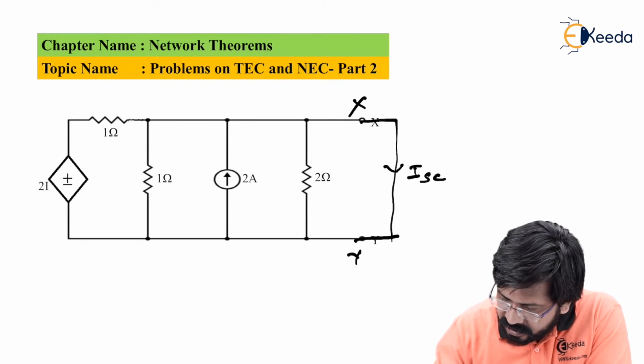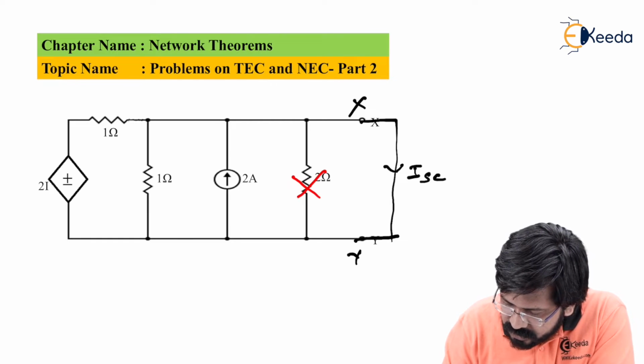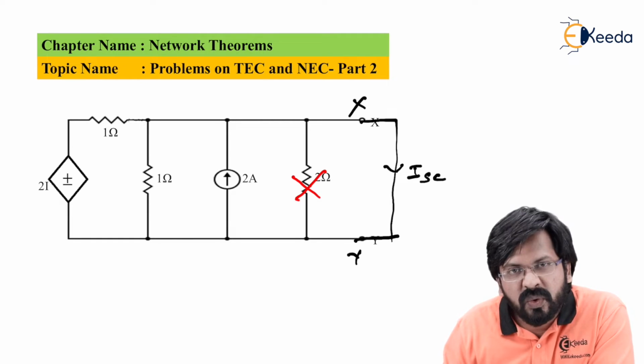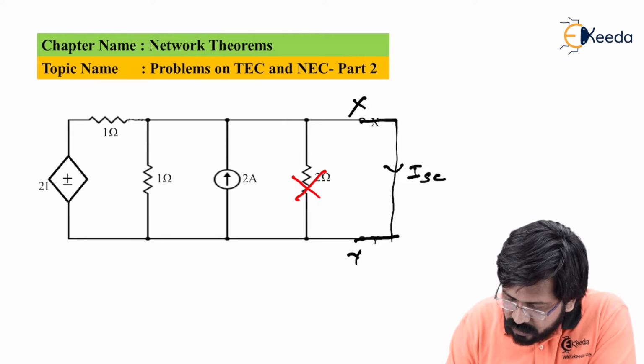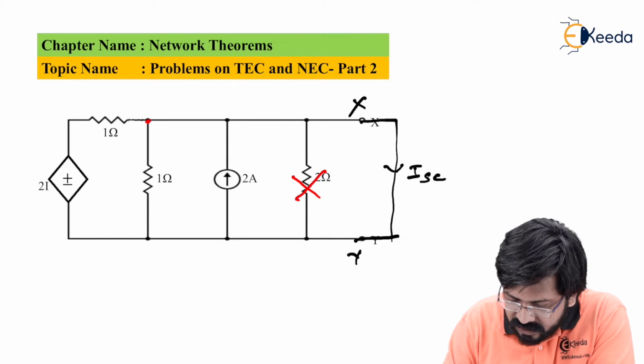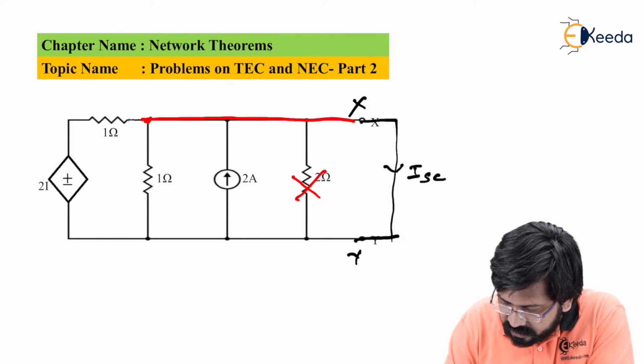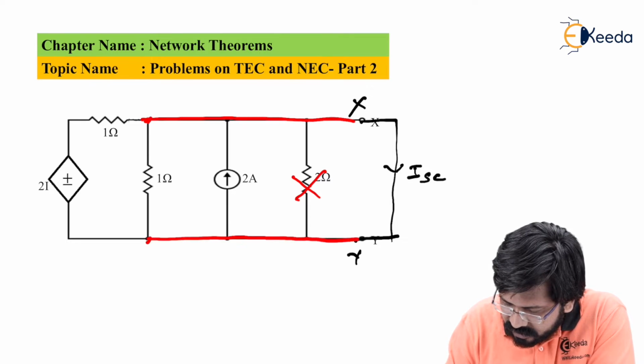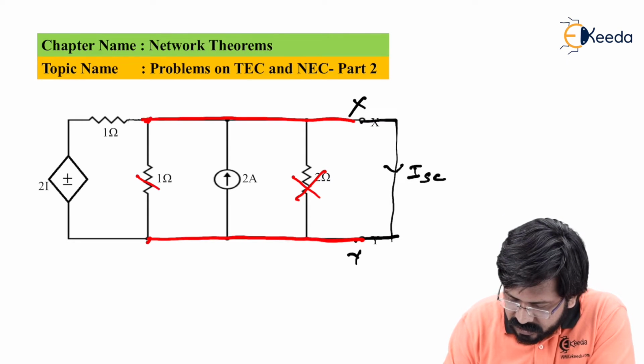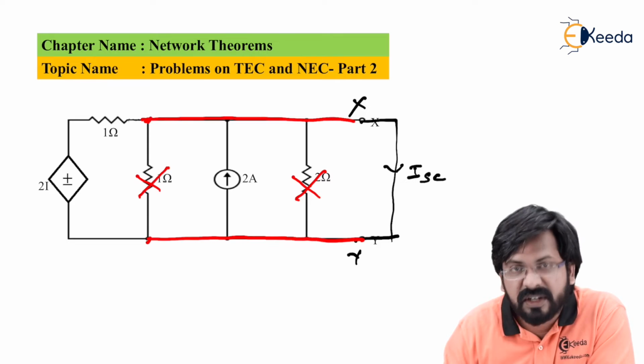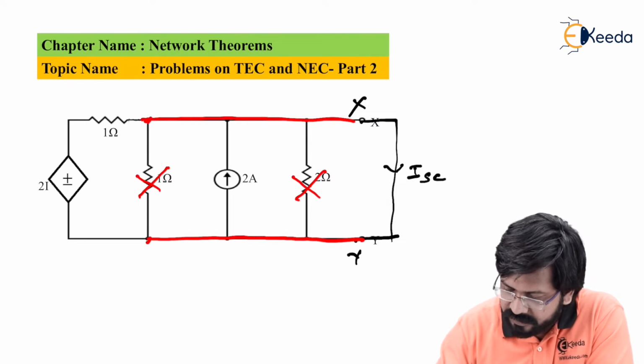Because of this short circuit, I can say that the 2 ohm is redundant. Not only the 2 ohm, but this 1 ohm will also become redundant because this 1 ohm is also getting shorted, as you can see here.